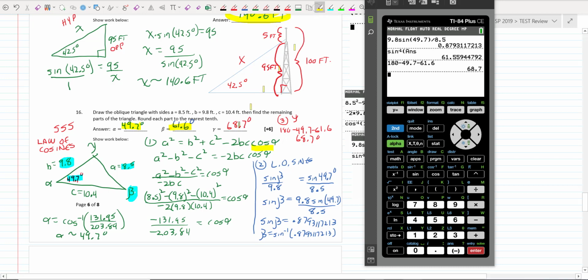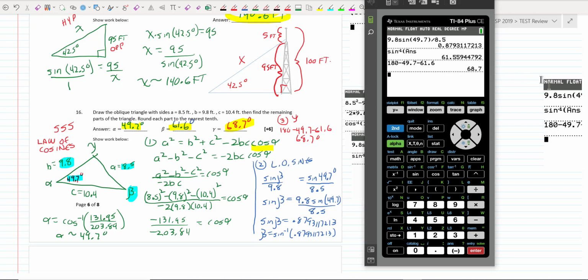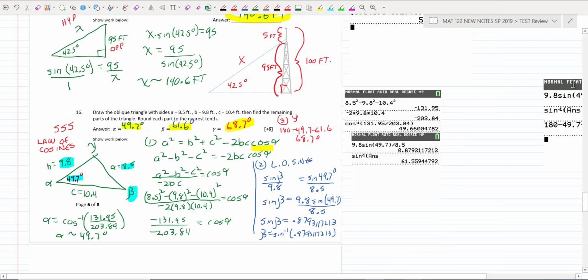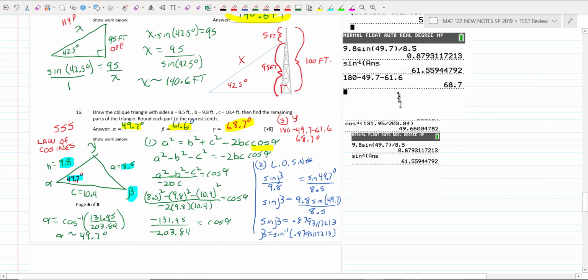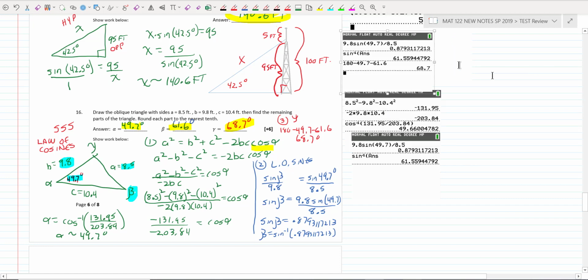The other thing I wanted to remind you of here is that you have the ability to check your answer on these problems, so it's helpful to review how to do this. We got alpha, I'm going to put beta in here, and then I've got gamma, 68.7.